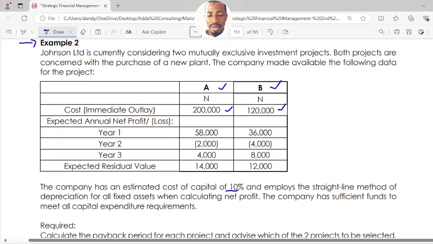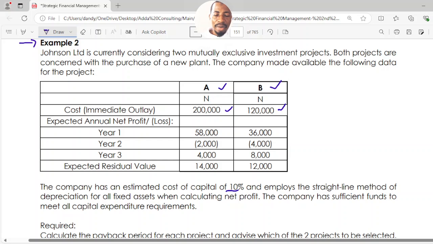Like I mentioned when I was explaining the concept on payback period, you have to be very careful on the numbers given to you. When you look at these numbers from year 1 to year 3, 58,000 for project A, 36,000 for project B. In year 2, negative 2,000, negative 4,000 for project A and B, then 4,000, 8,000 for A and B respectively.